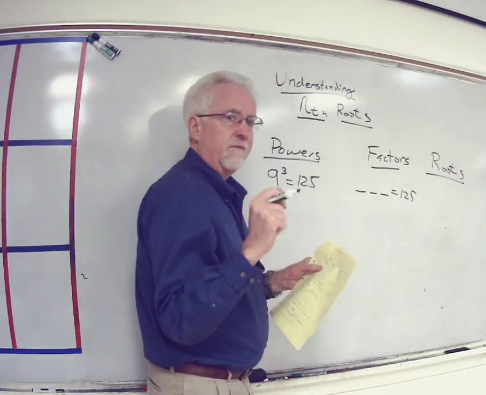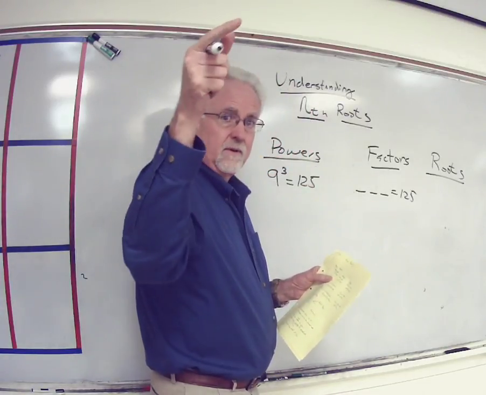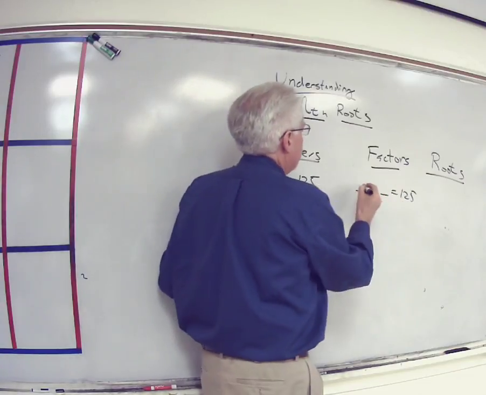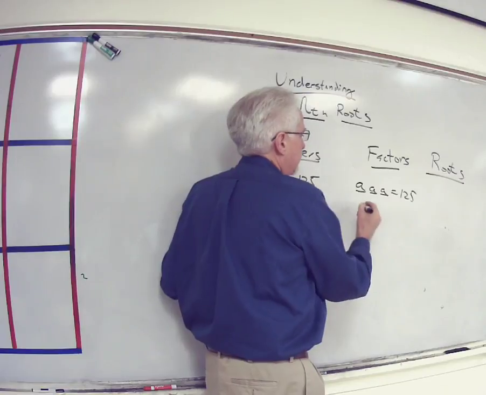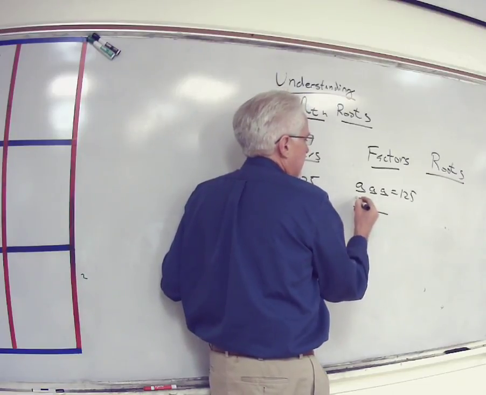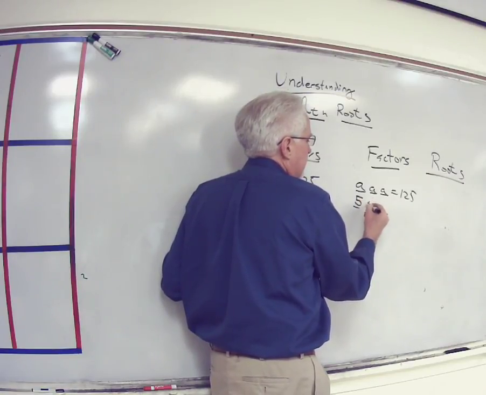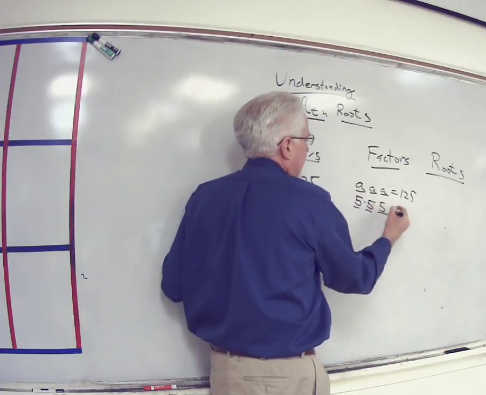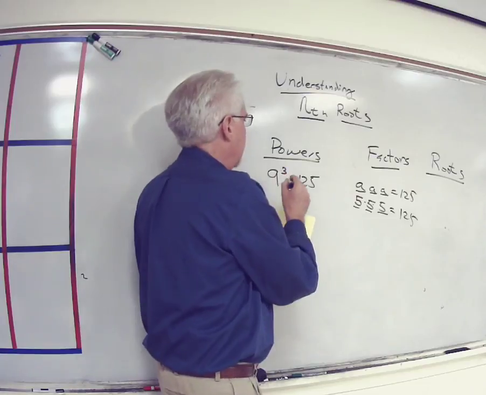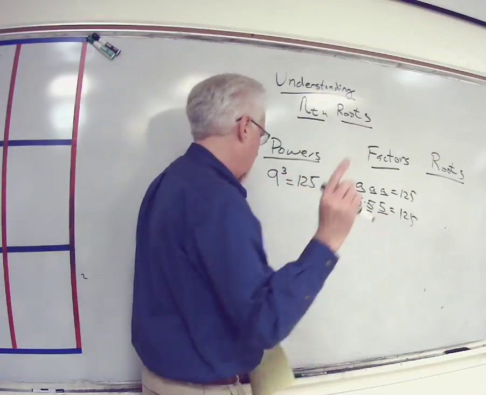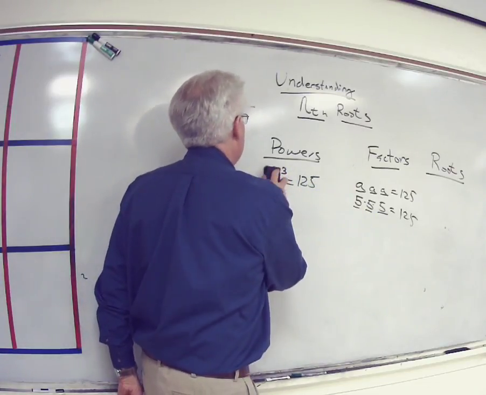There's two things you could say: A times A times A, but it's also what? 5 times 5 times 5. Is that an A or a 9 in the first thing? This is A cubed. You guys were getting confused there.